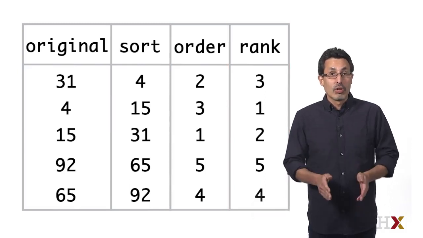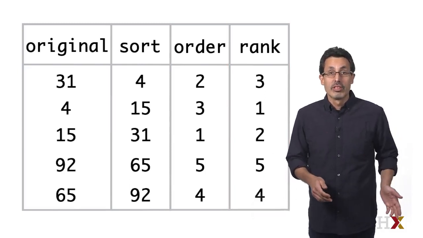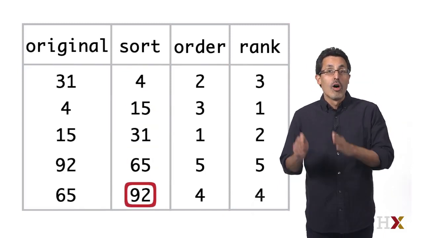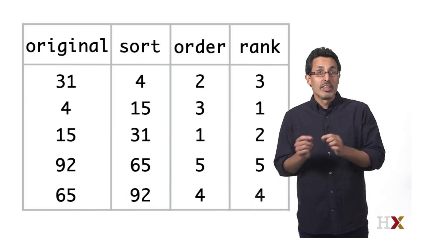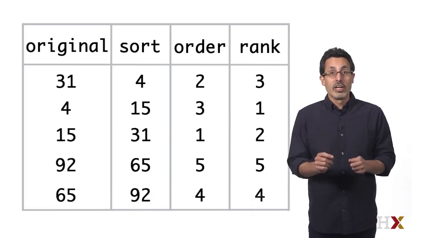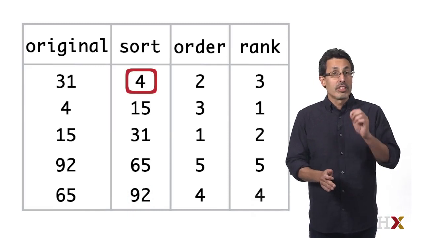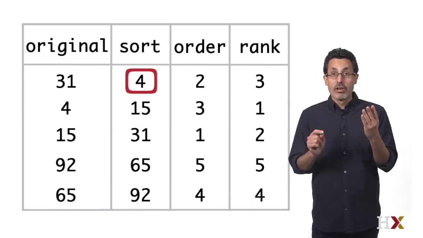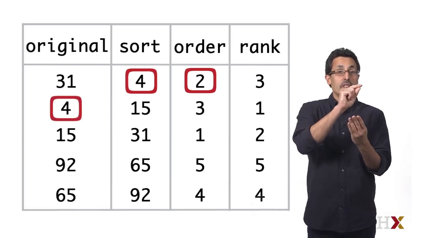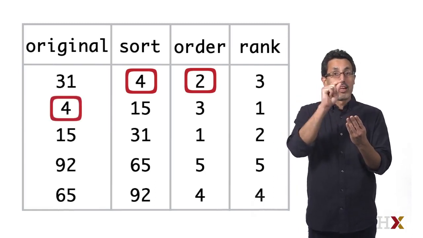Notice that the sort column simply has the original sorted. So we have the values going from the smallest to the biggest. Order, again, gives us the index needed to obtain the sorted data. So because in the sort column the first entry is a 4, in order we have 2. Why? Because if we go to the original, we need to go to the second entry to get that 4.